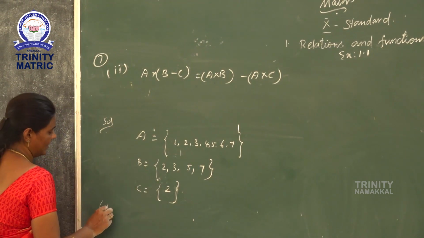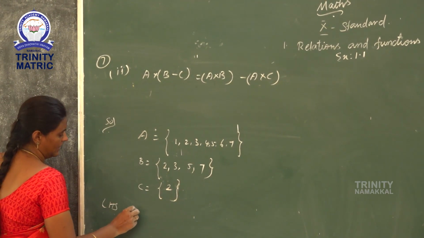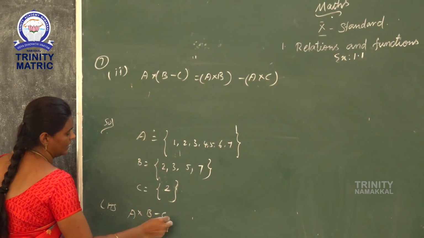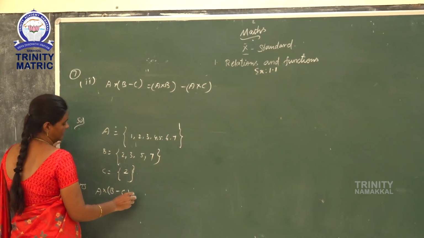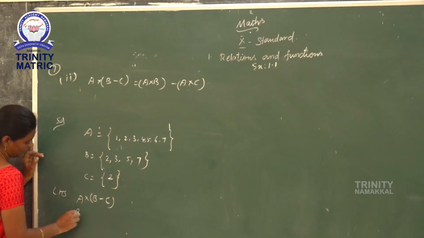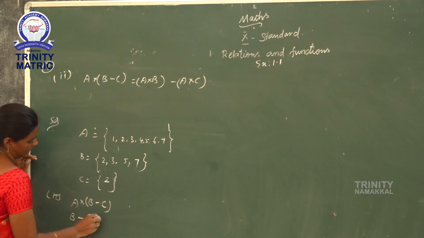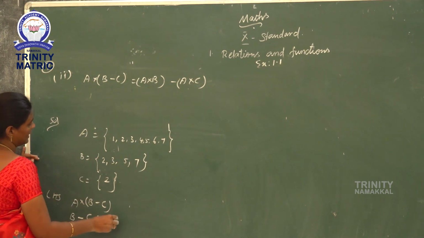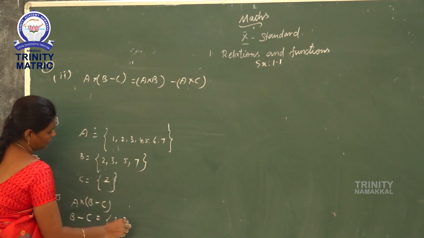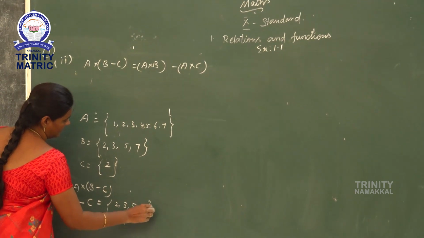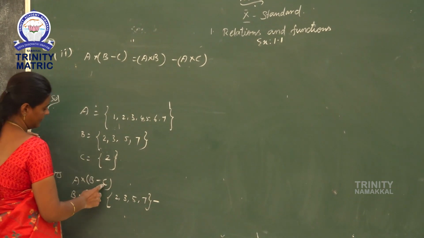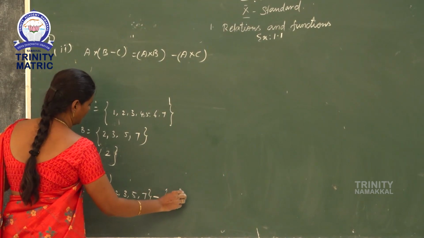First we take the left hand side, A cross B minus C. Here, first we find B difference C. First we write the set B: 2, 3, 5, 7. Difference. What is the set C? 2.